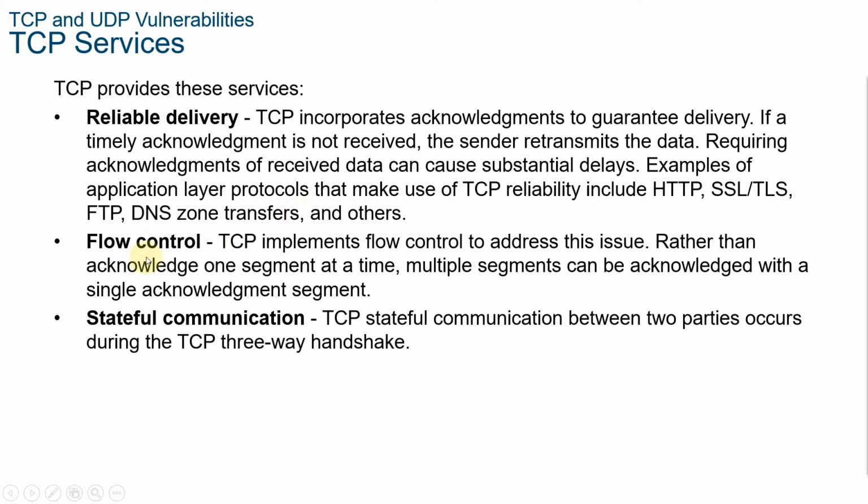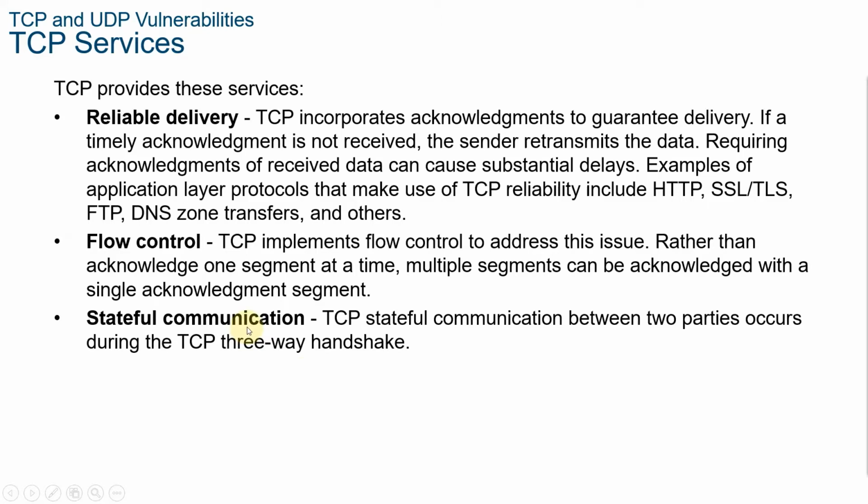Flow control. TCP implements flow control to address this issue. Rather than acknowledge one segment at a time, multiple segments can be acknowledged with a single acknowledgement segment. Stateful communication.